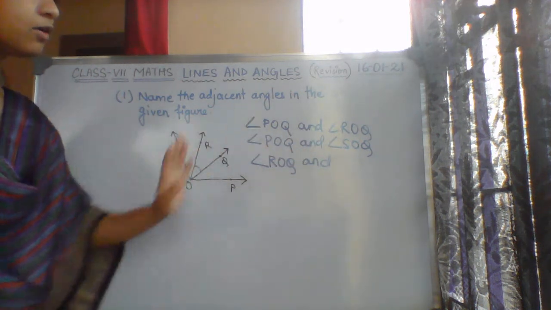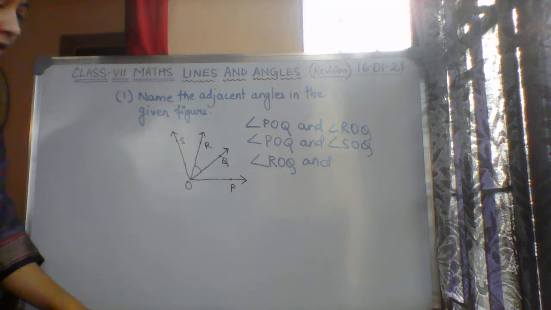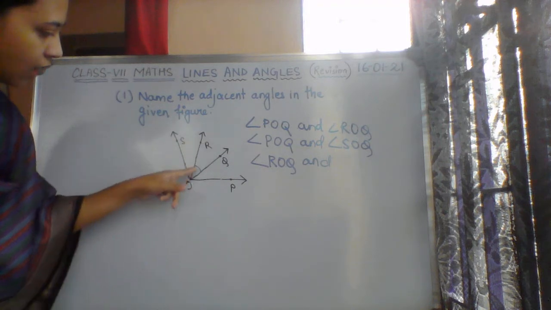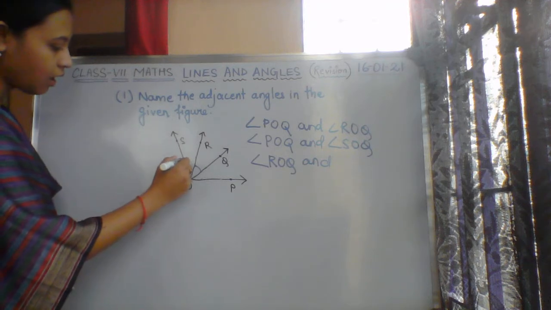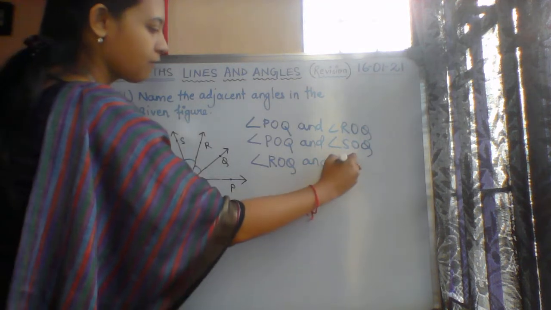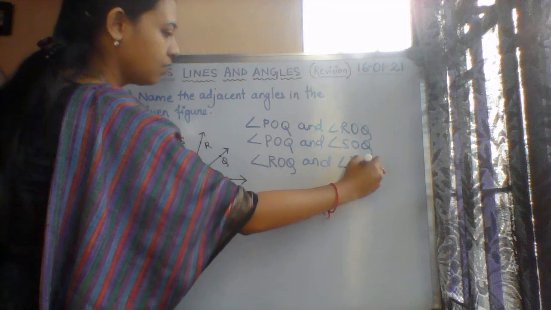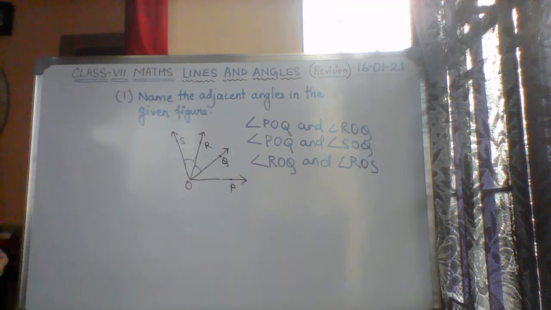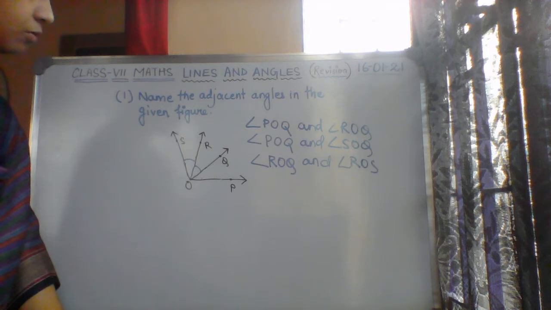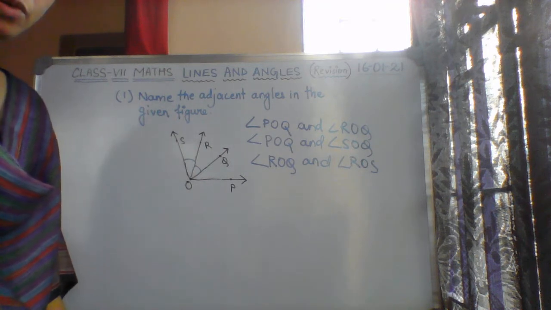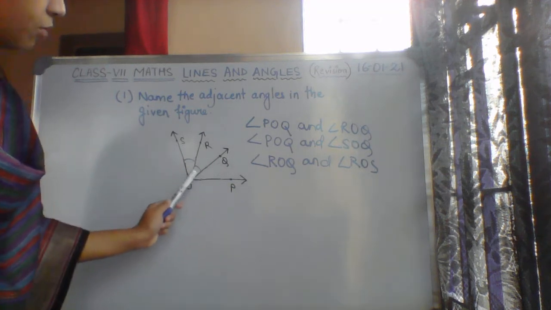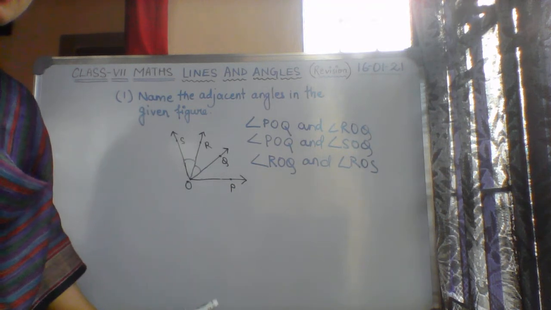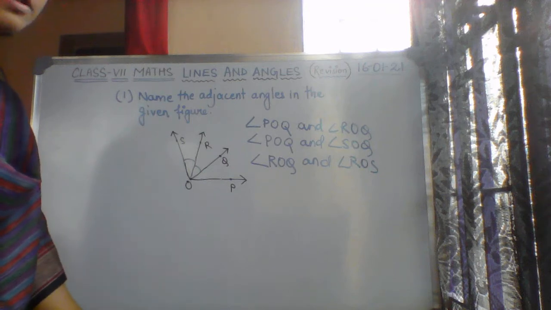ROQ and POQ we have already written, so we will not write it again. So ROQ is also adjacent to ROS. Any more possible? Once you think, any more possible with ROQ? No.